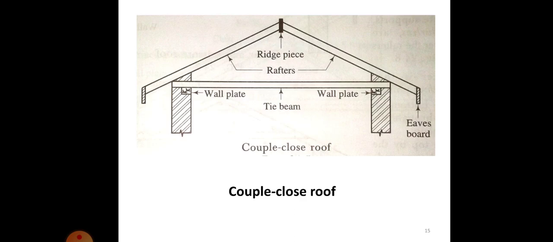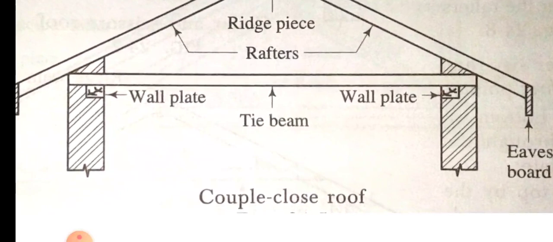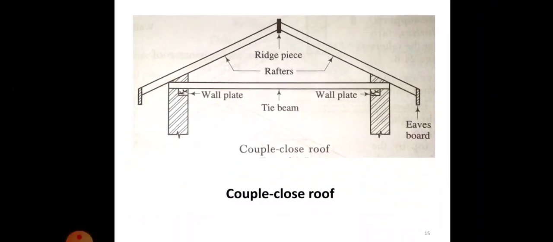In order to prevent the legs of the common rafters from spreading out, we give a tie beam. You can see there is a tie beam, a horizontal beam, which connects the two rafters, and this is mainly provided to prevent the spreading out of the rafters. So this is actually a modified form of the couple roof.